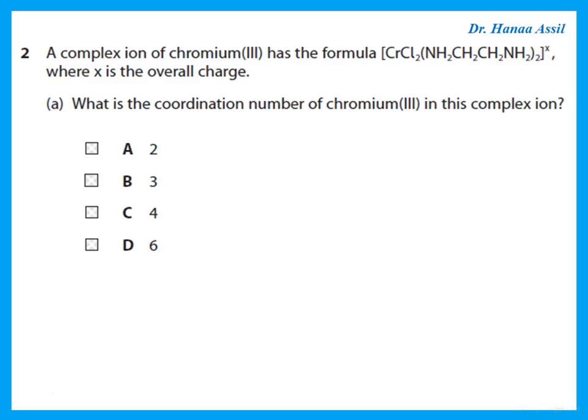A complex ion of chromium 3 has this formula where X is the overall charge. What is the coordination number of chromium 3 in this complex ion? Of course, the coordination number is just the number of coordinate bonds to the ligand.